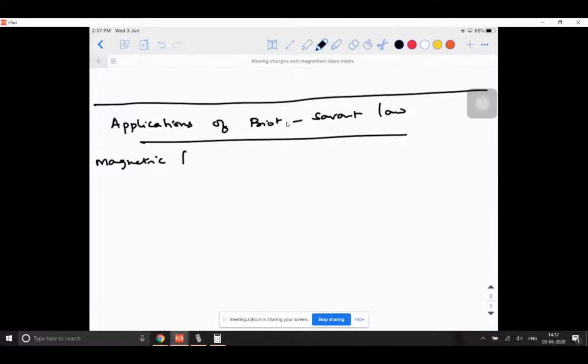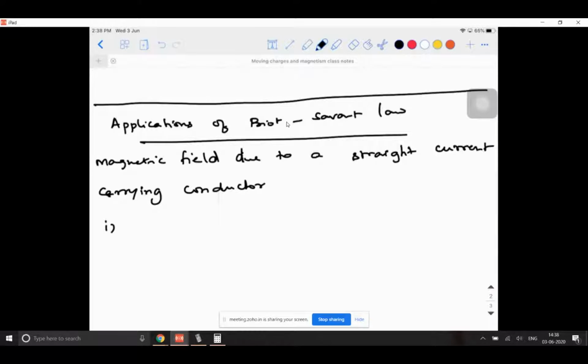The first application is magnetic field due to a straight current carrying conductor. First we will see for finite length, and the second case we will see for infinite length. Okay, let's start.